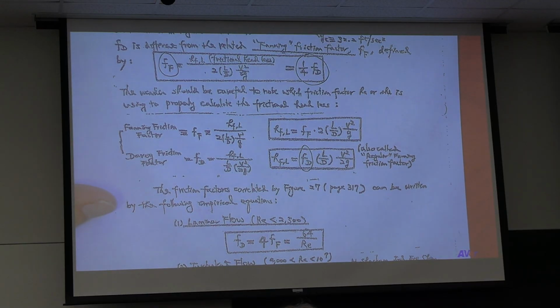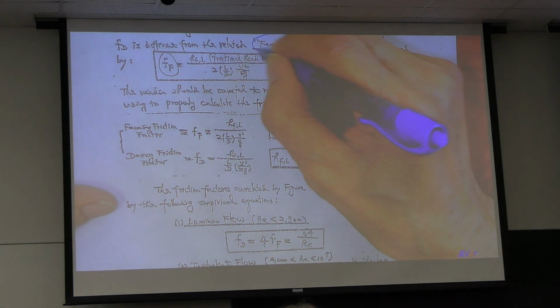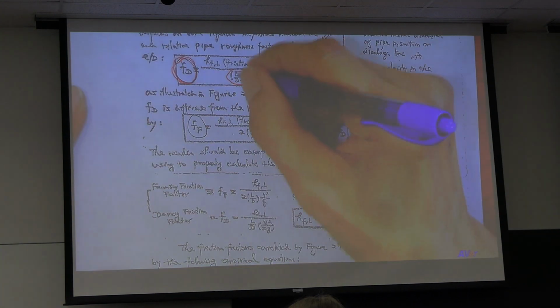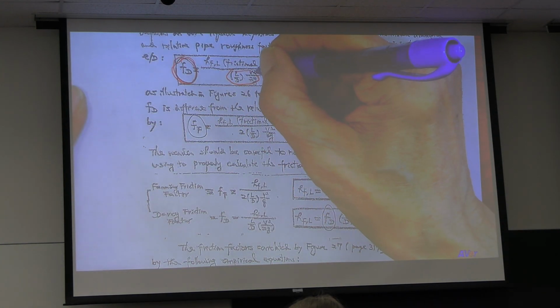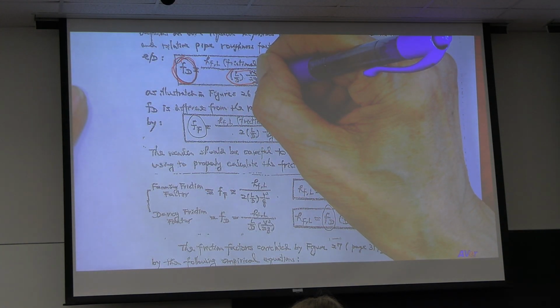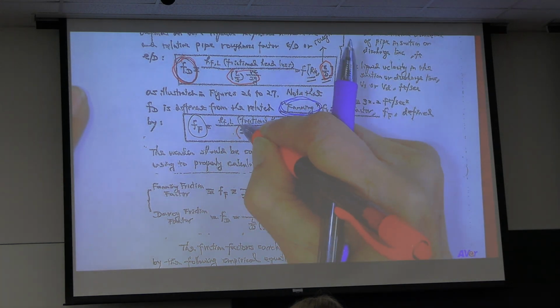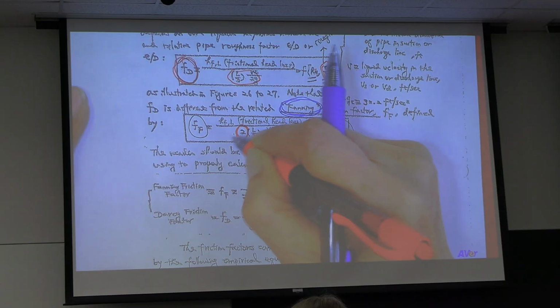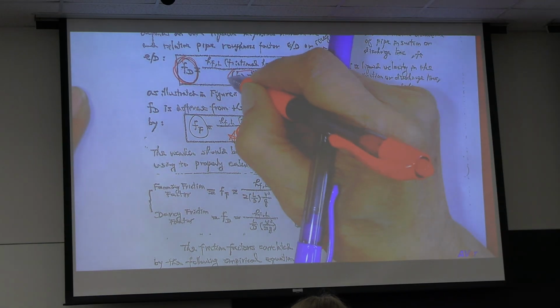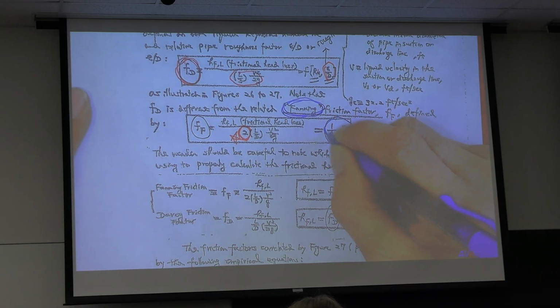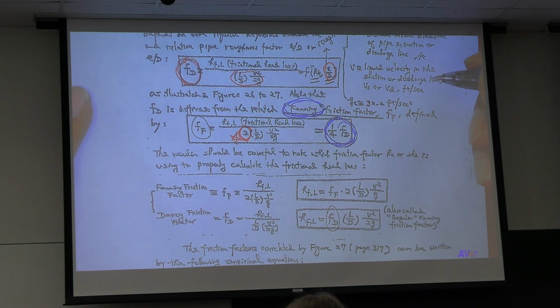Now, people sometimes use the Fanning friction factor. What is the difference? L over D, V squared over 2g. Here you have a 2 here, there's no 2, so it's 1/4 of the Darcy friction factor.